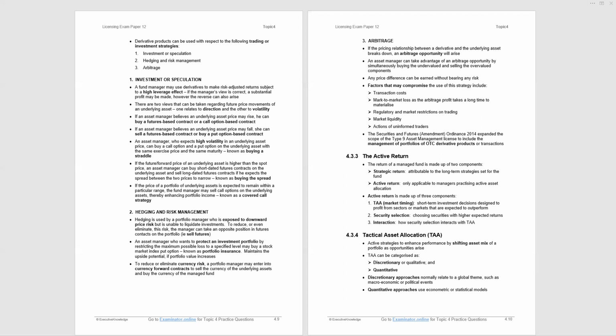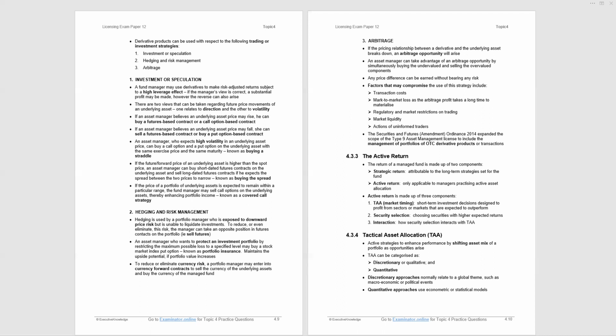Now, if the pricing relationship between a derivative and the underlying asset breaks down, an arbitrage opportunity will arise. It's a risk-free way of making a profit. Factors that may compromise the use of this strategy, and this is just a little bit further down: transaction costs. So yes, there may be a guaranteed profit, but will it be eliminated through transaction costs?